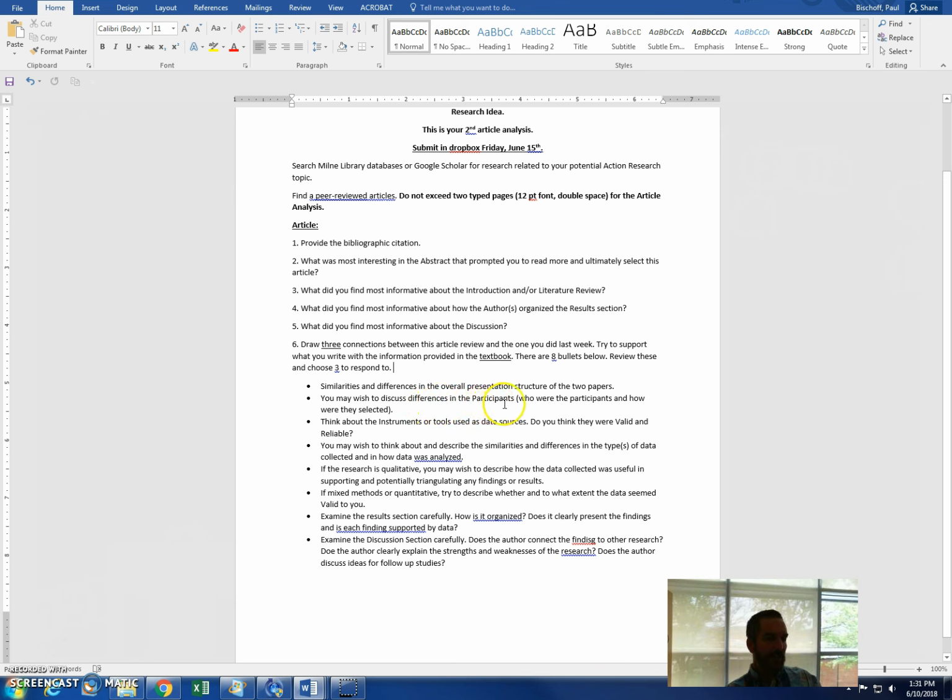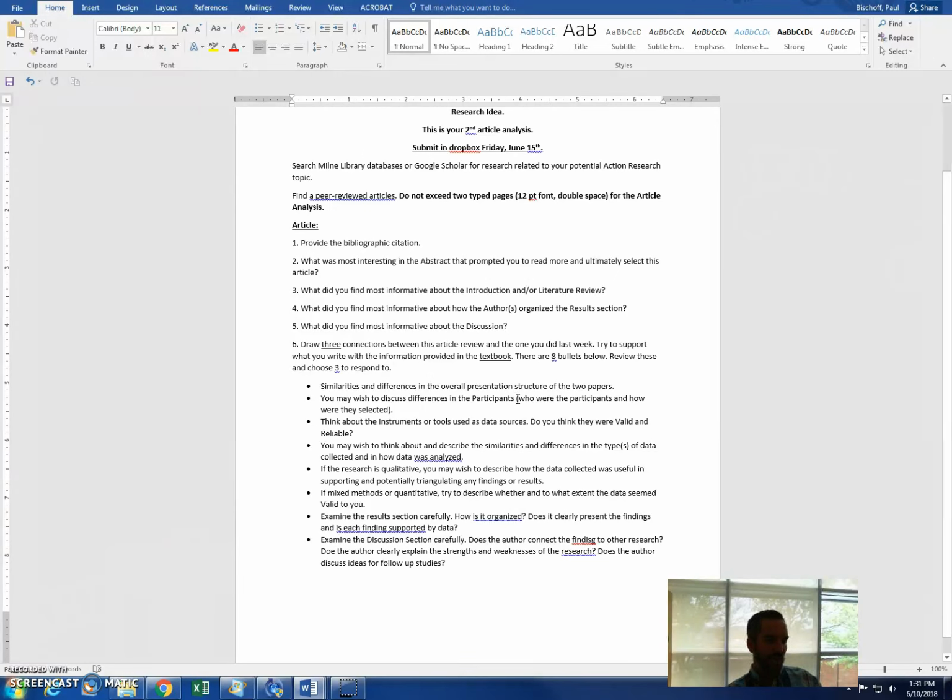You may want to look at the participants who were in the study. I forget what chapter in the book that was, but there's a chapter on selection of participants. It's a very important component of research. You'll notice that a lot of action research papers use convenient samples, and that's fine.